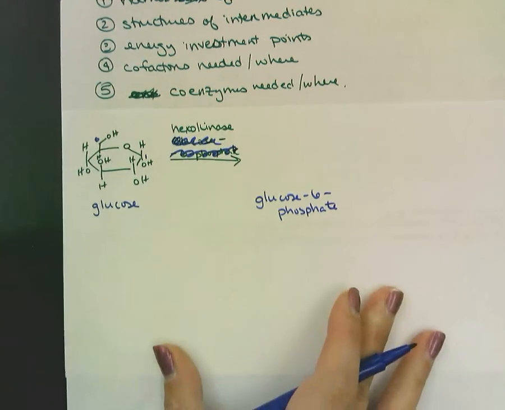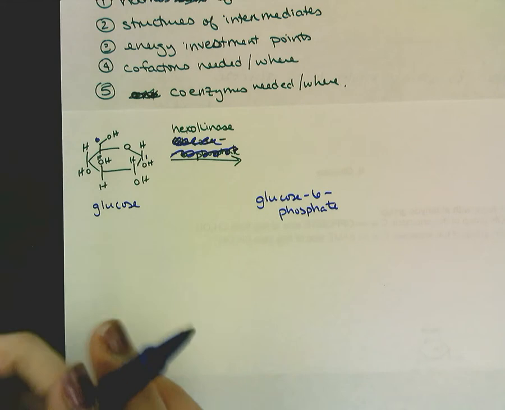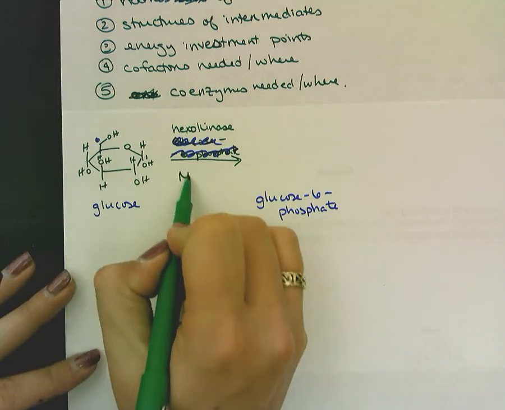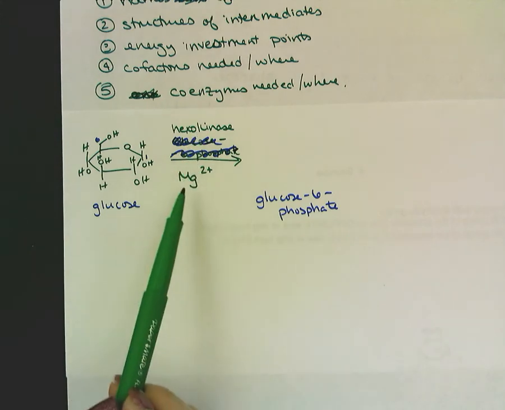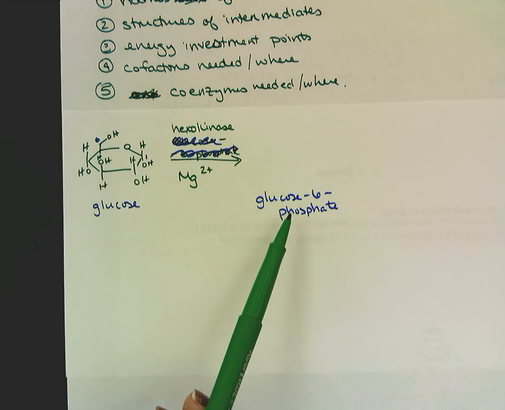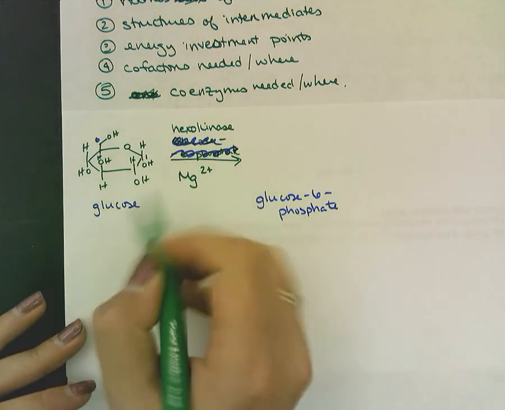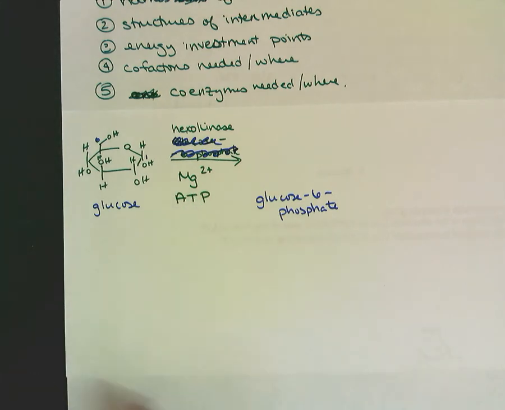I got ahead of myself in my notes. So hexokinase and magnesium 2+ in the presence of glucose makes glucose 6-phosphate, which means we are phosphorylating our glucose, which means we will need an ATP at that step.